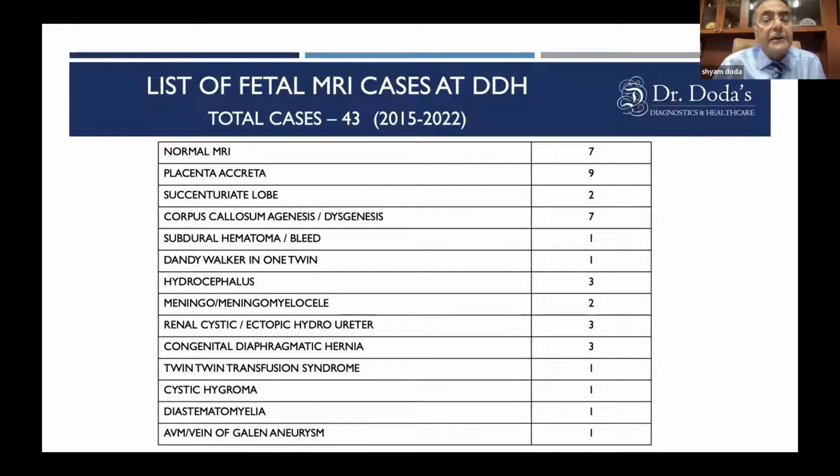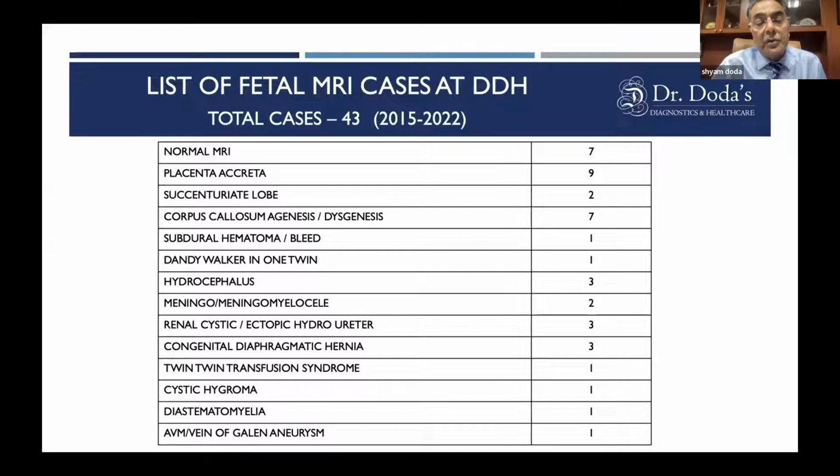The list is here, and out of these cases, in whatever way they came to us, whether the ultrasound was done earlier, maybe outside, or we did and recommended MR, or these patients came for an MR first, and then we also did an ultrasound, which I will be showing.